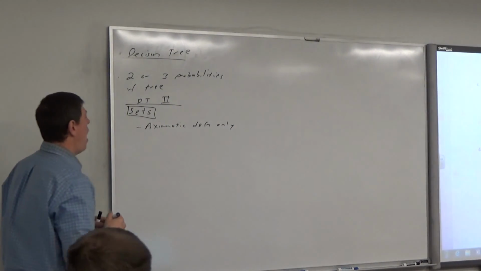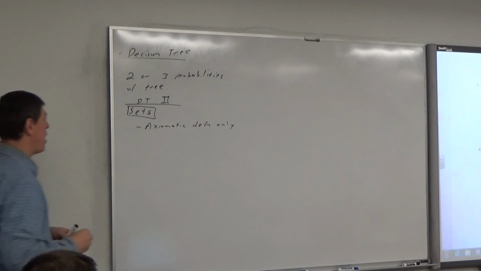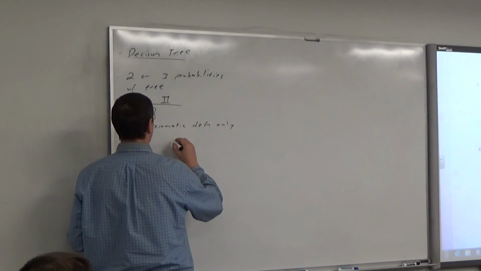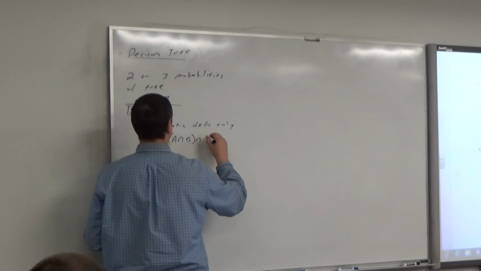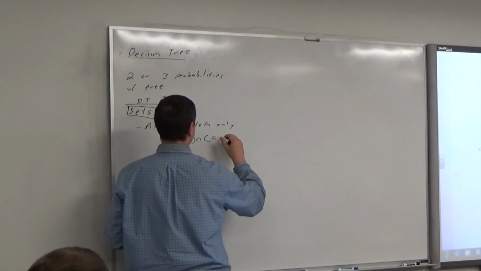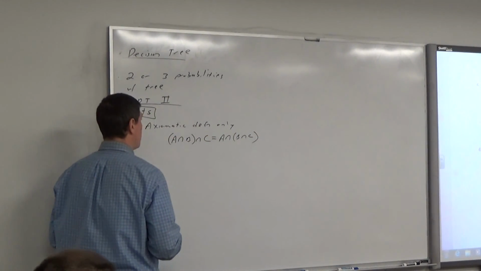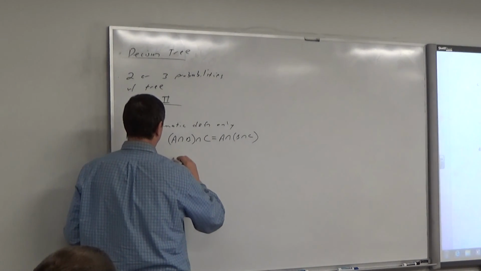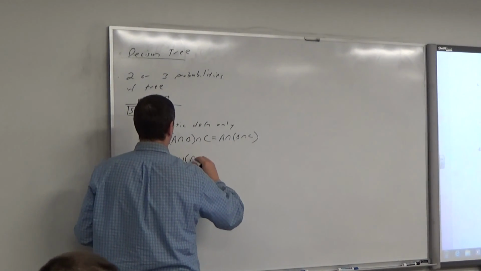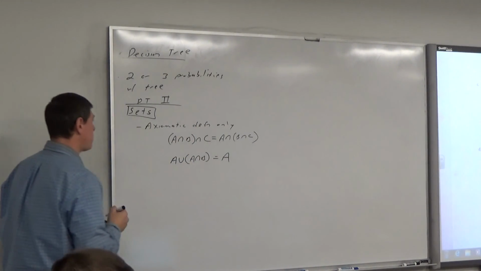Just as an example of the level of difficulty, I might ask you to prove that A intersect B intersect C is equal to A intersect B intersect C. I might ask you to do something like A union A intersect B is equal to A.